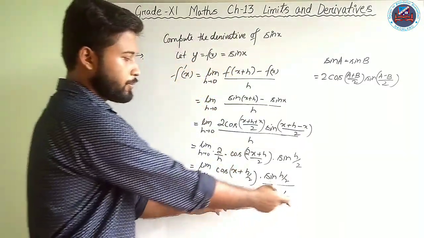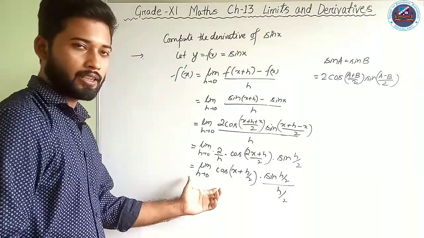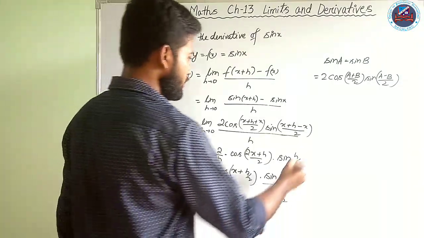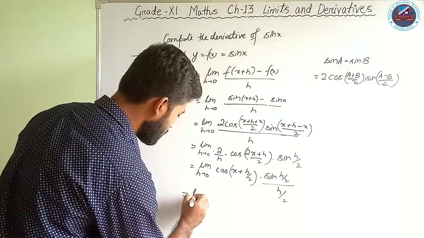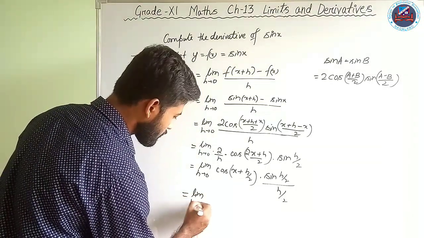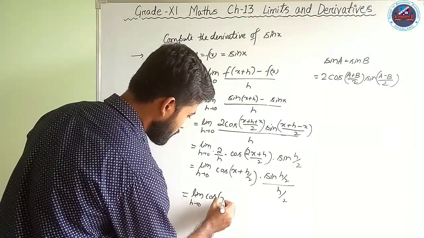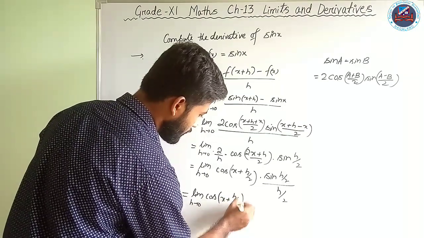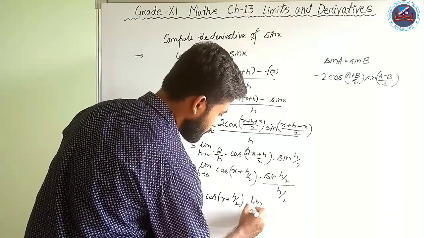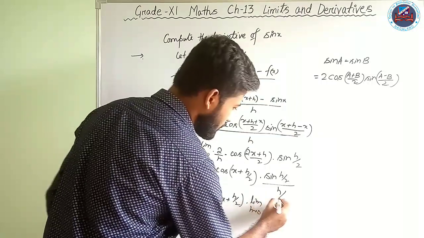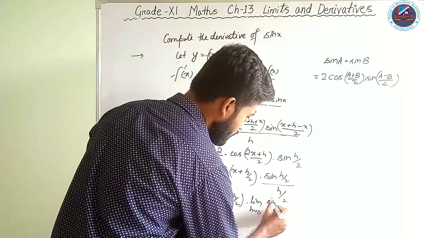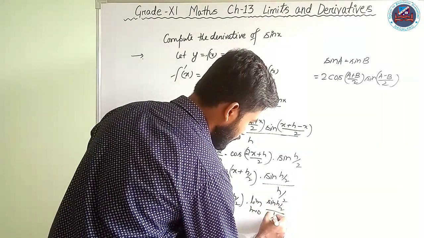Now since these two are in product form, if I take the limit, this will be equal to limit h tends to 0 of cos of x plus h by 2 into limit h tends to 0 of sin of h by 2 divided by h by 2.